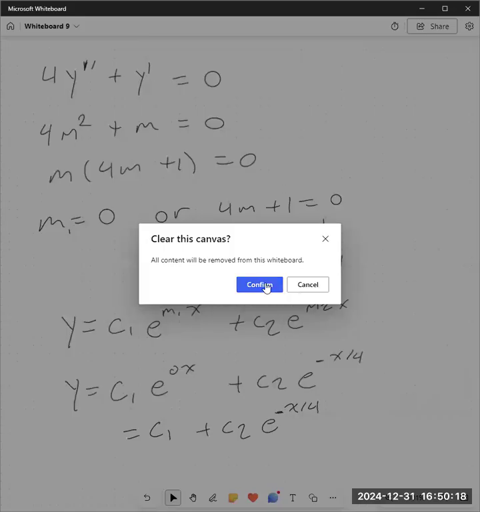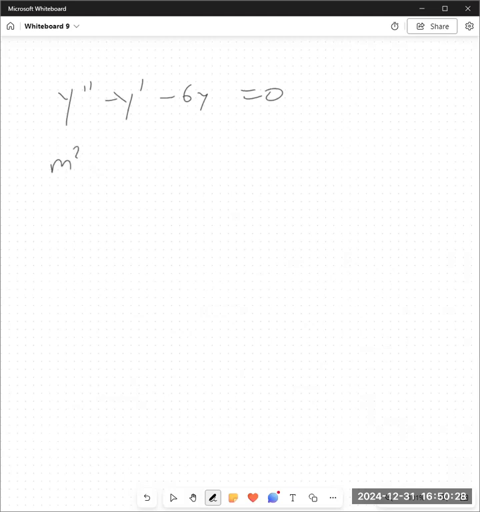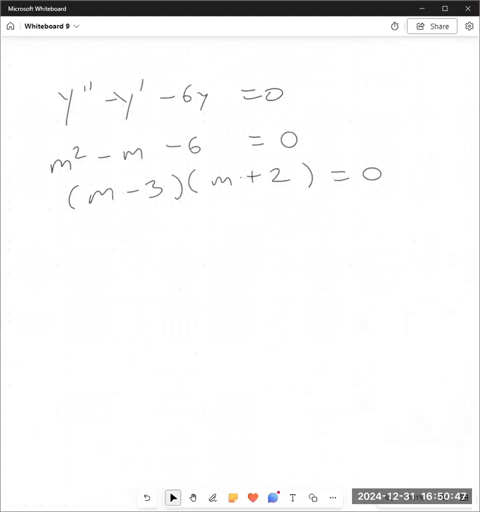Let's look at the next question here. y double prime minus y prime minus 6y equals 0. So this is going to make an auxiliary equation that looks like this. Notice this is the 0th derivative, so m to the 0 power is 1 there. I'm going to factor this if possible: minus 3 plus 2.